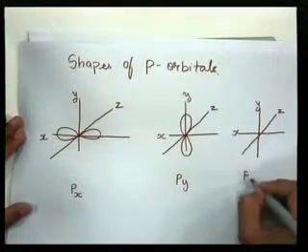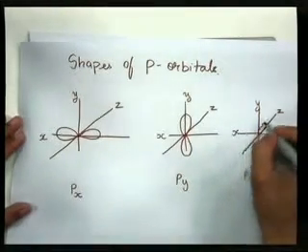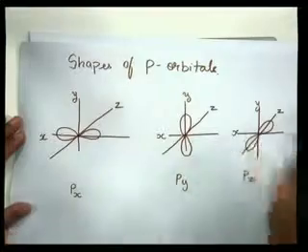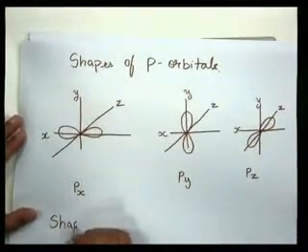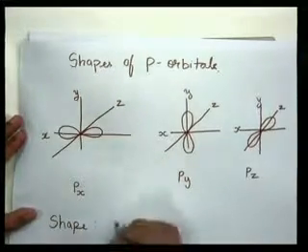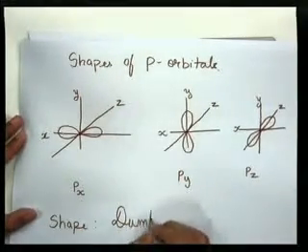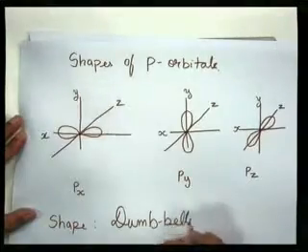For pz case you can draw a dumbbell on this z axis. So it is clear that shape of the p orbital is dumbbell. Okay, that is the thing that one has to remember while discussing the case of the orbitals.